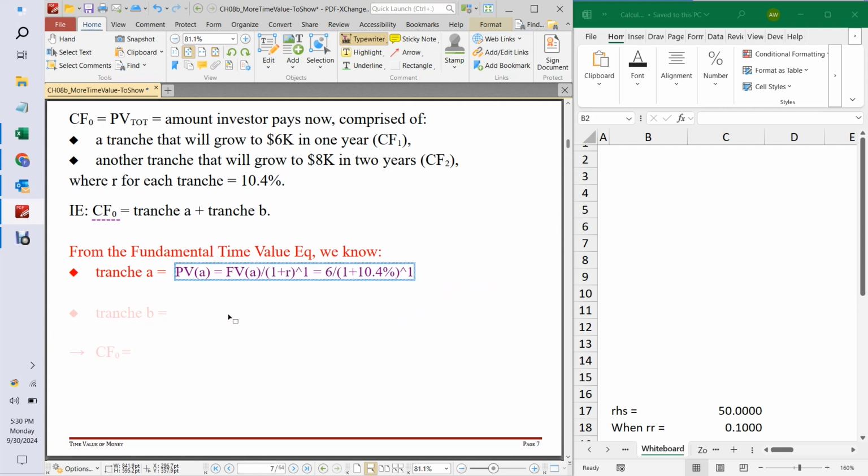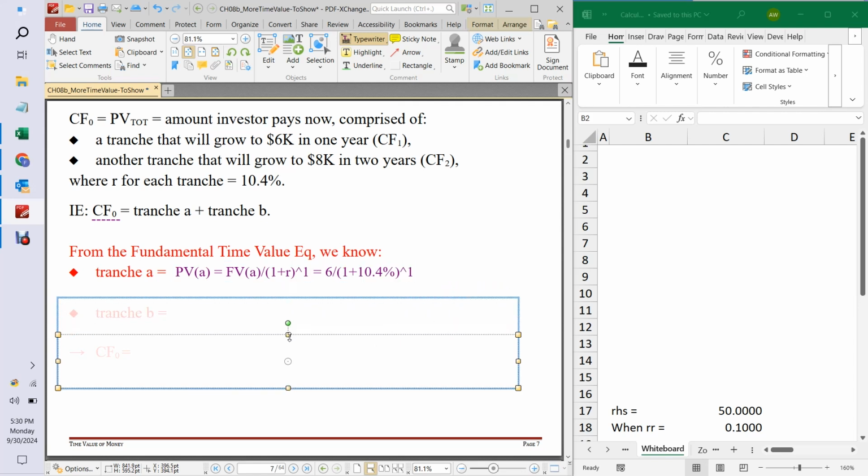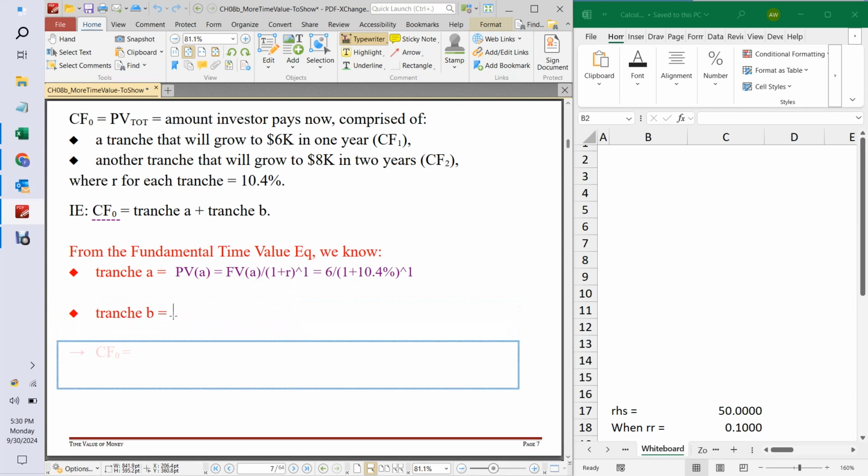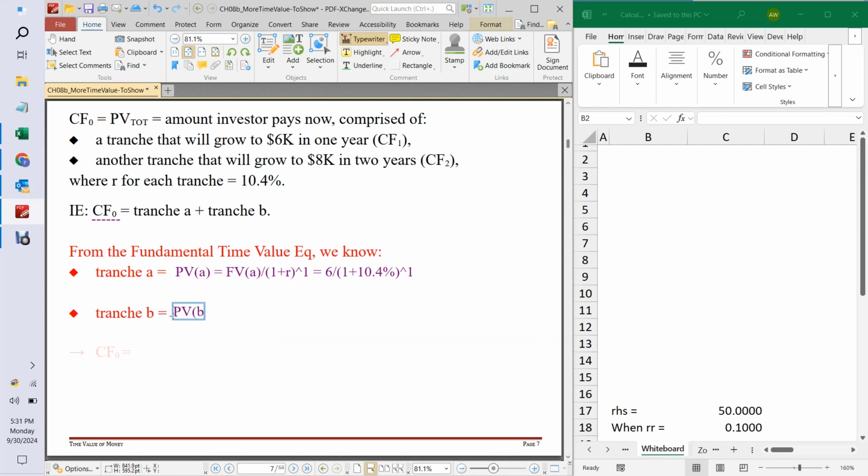All right, and we can do the same thing now for piece B over here and say that the PV of piece B is equal to the future value of B divided by 1 plus the same R raised to the 2, and that is equal to 8 divided by 1 plus 10.4% raised to the 2.